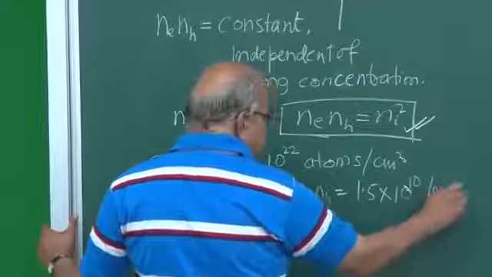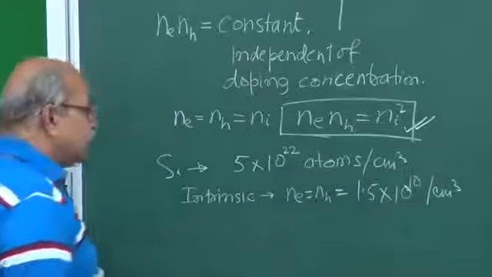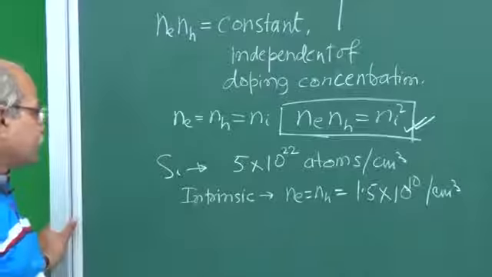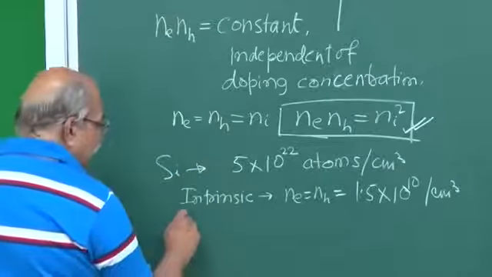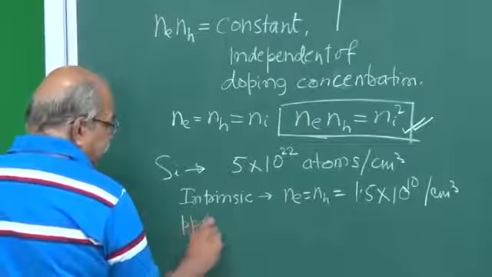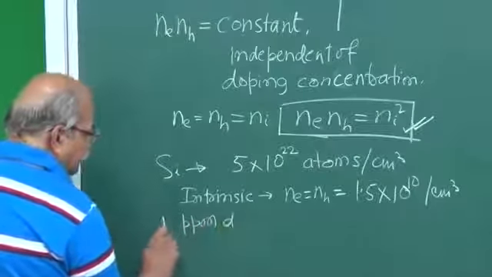We had given this data in one of the lectures. So this is Ni. Suppose you do a ppm doping, 1 ppm doping.